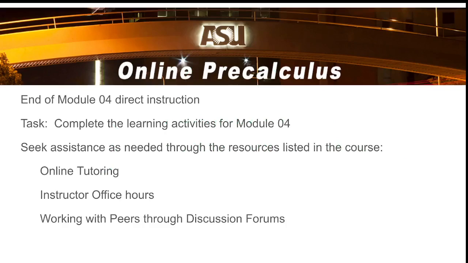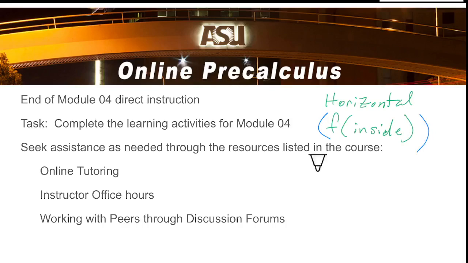We have taken a look at transformations in Module 4. Remember, horizontal translations are caused by stuff being done inside the function. And vertical changes are by stuff happening outside the function.